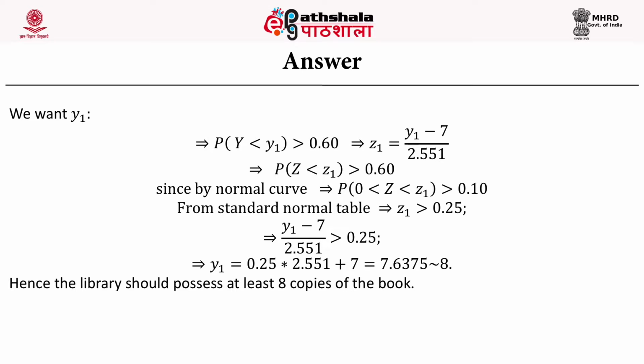So y1 is equal to 0.25 into 2.551 plus 7. Here we get the approximate answer as 7.63, which is approximately equal to 8. Hence the library should possess at least 8 copies of the book so that none of the students get disappointed without having any book from the library.